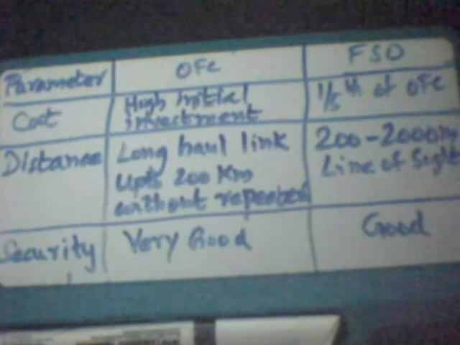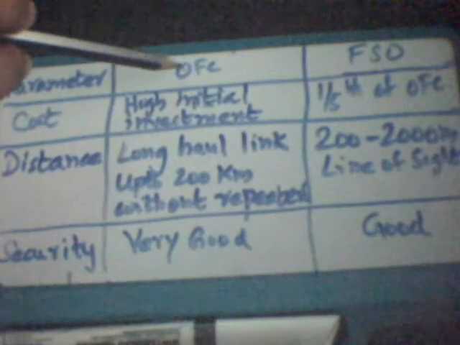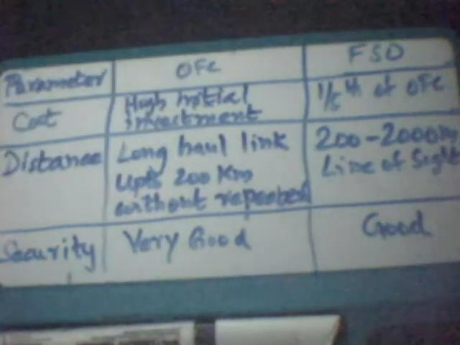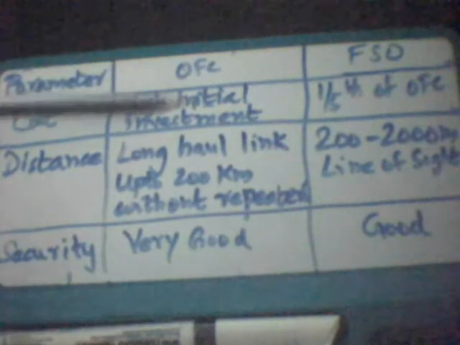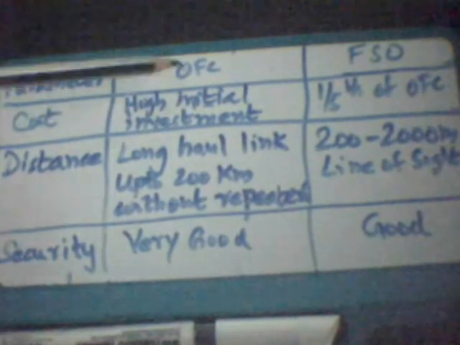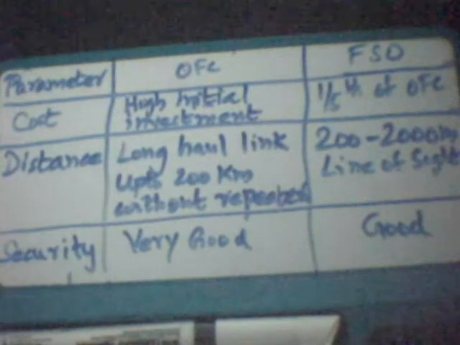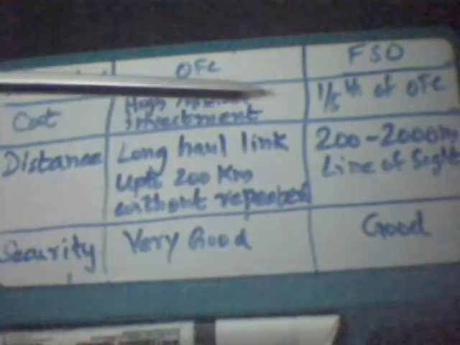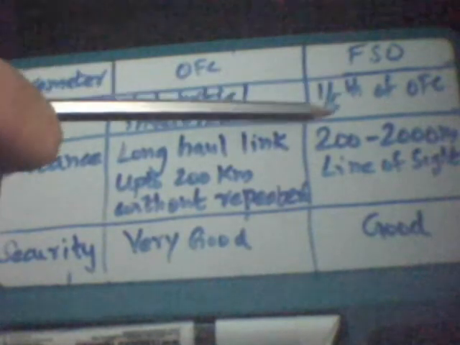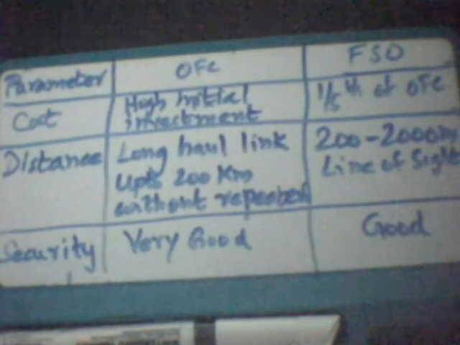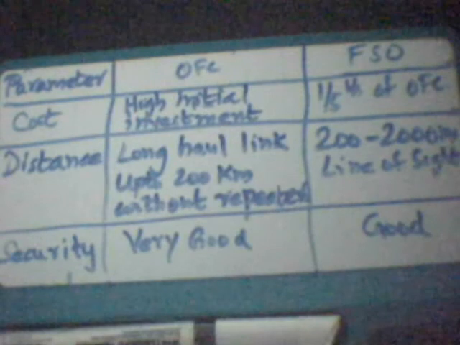We will now make a brief comparison between optical fiber communication and free space optics. With regard to cost, there will be a high initial investment for optical fiber communications. It involves digging and laying of cables underneath, and for free space optics the cost will be 1/5 of the optical fiber communication link.